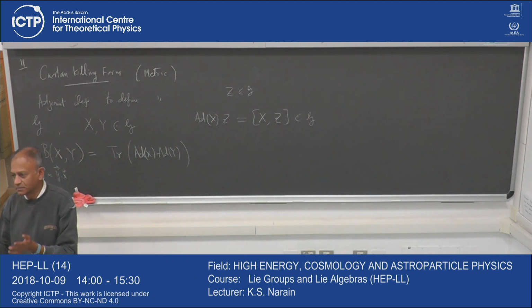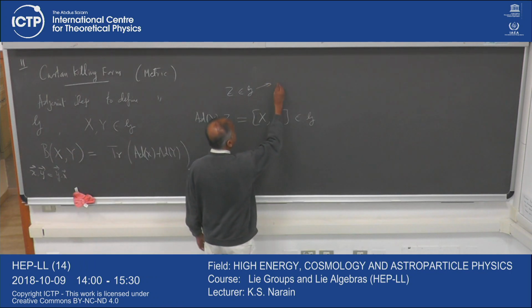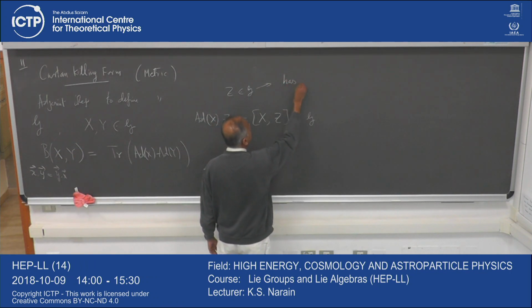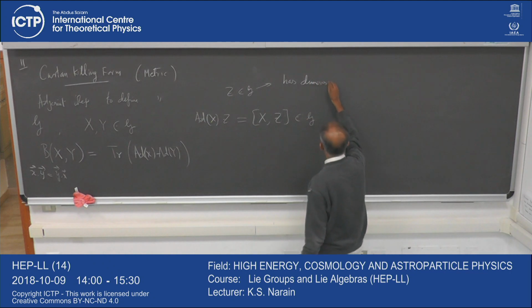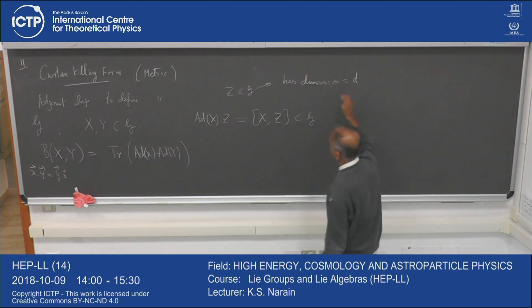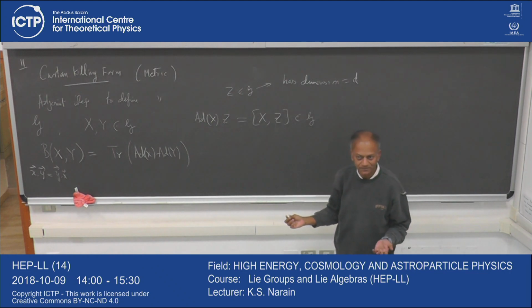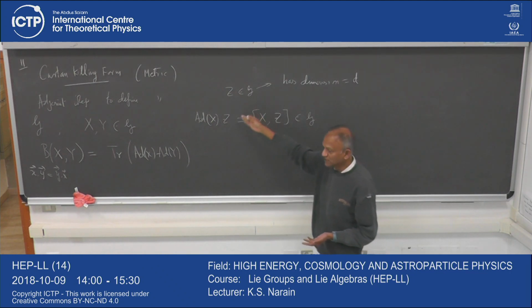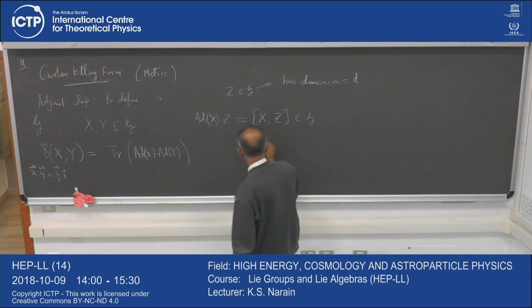Okay. So suppose G has dimension d. It's a vector space, so there's a concept of dimension of the vector space, equal to d. Then you can think of ad x as a d by d matrix, right? Because, for example, you can choose a basis, just to be explicit.